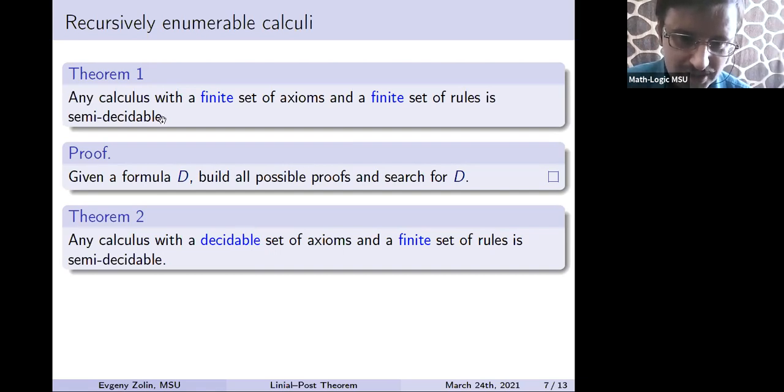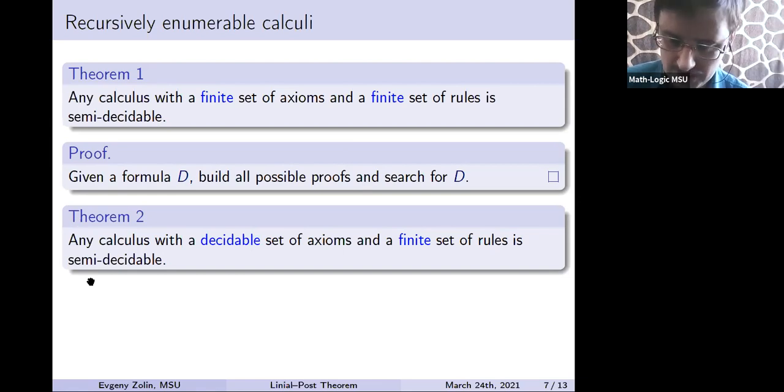If we look at our calculus on the first slide, we have 11 axiom schemata. And the set of all substitution instances of these 11 schemas is a decidable set.